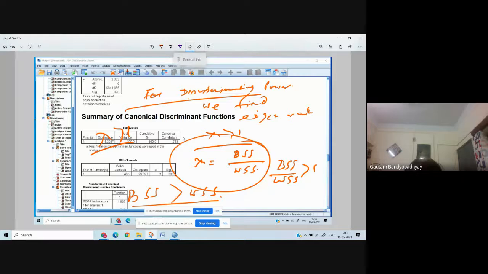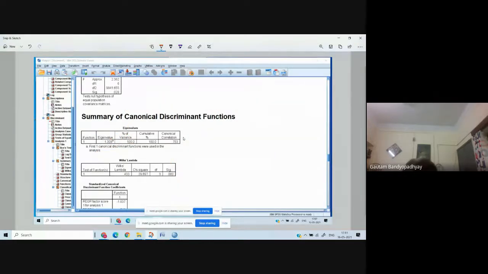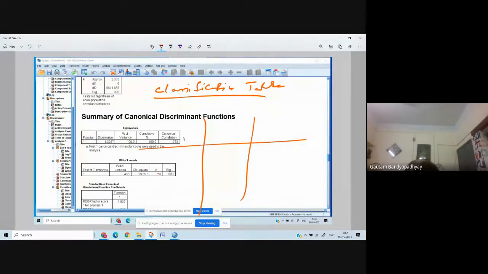The last part is very important: the classification table. I hope you have covered some part of it in logistic regression. I don't know if it is covered or not, but it is very, very important.